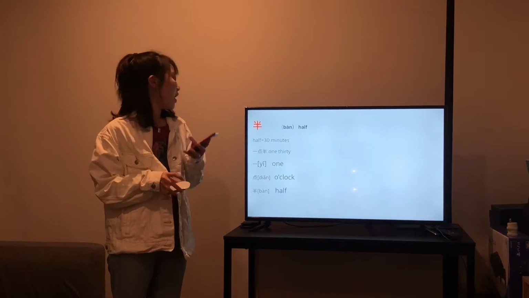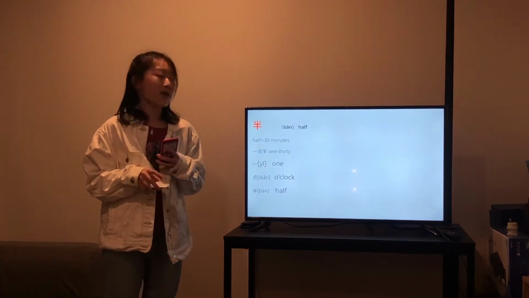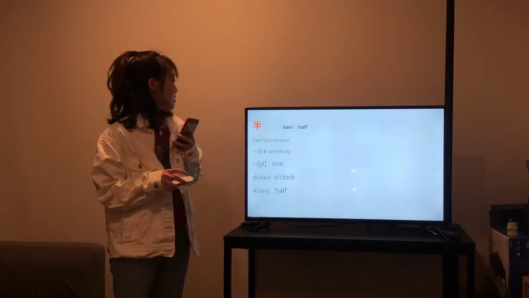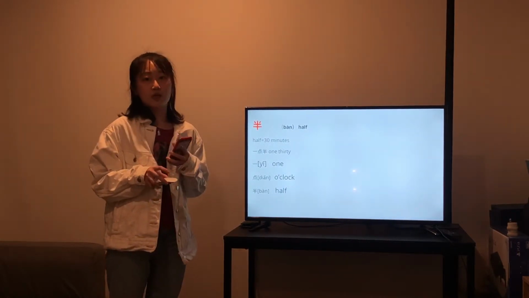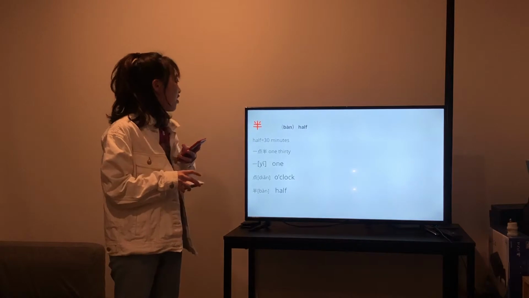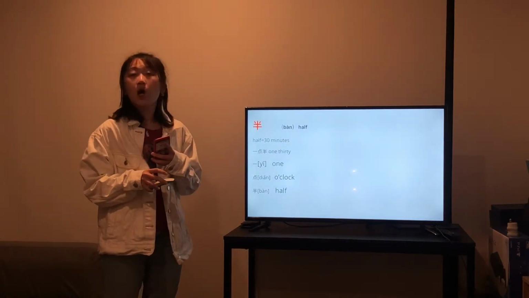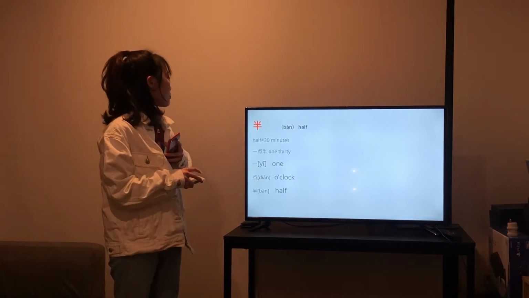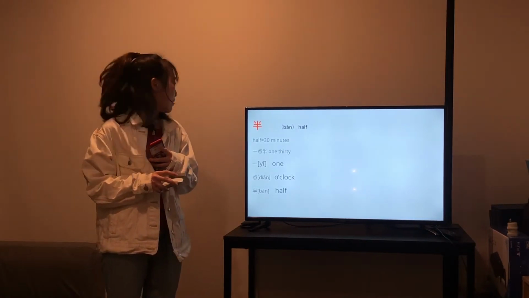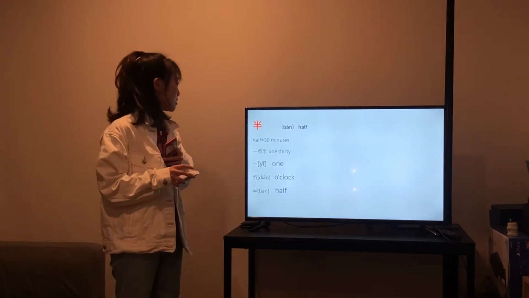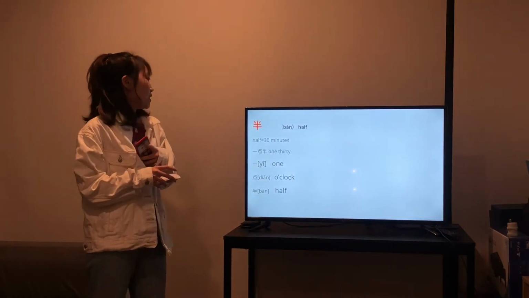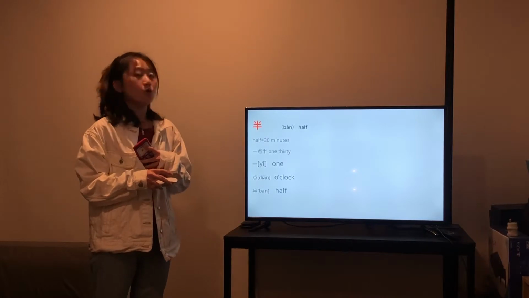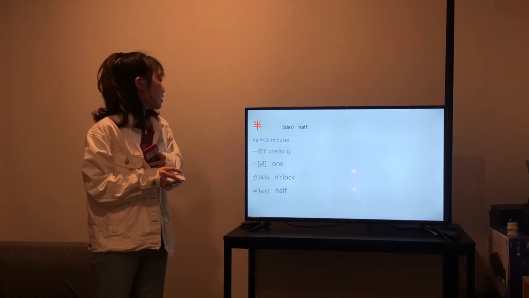So there are a few other methods to express certain times. Just like in English, you could say 1:30 or half past one. In Chinese, we say 1点半. 半 means half. So 1 is 1点, as we know, it's o'clock.